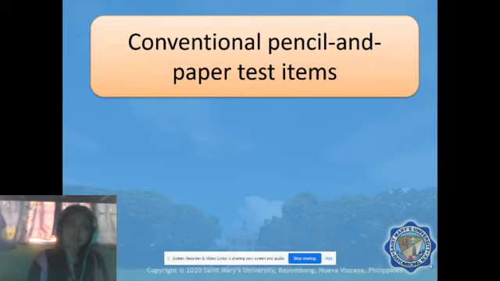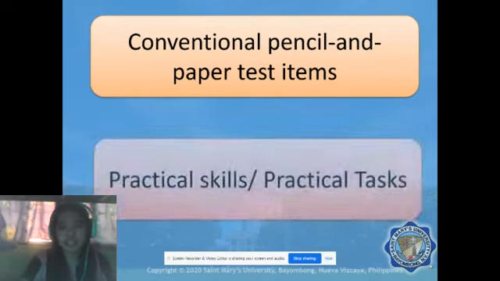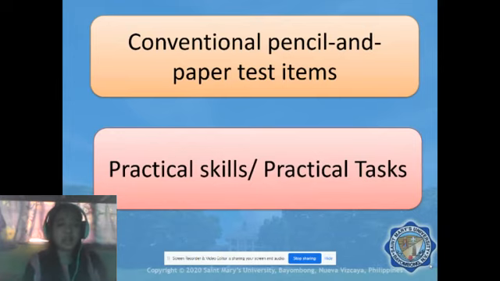For concepts and for the knowledge, yes, we can use the conventional pencil and paper test items, but not all the times this can actually measure what is taught inside the classroom. Just like, for instance, how about informations, or how about skills rather learned by the given intervention?